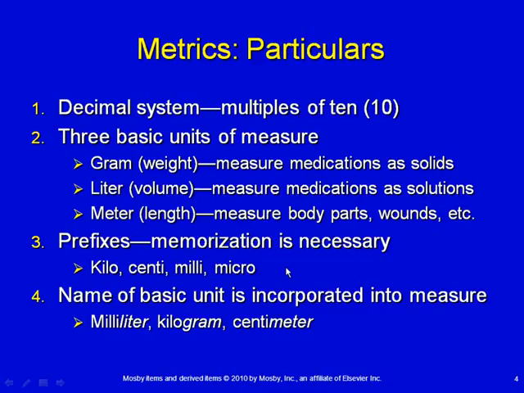In the past, a cubic centimeter was used as the same as a milliliter. That is no longer acceptable, and we use the milliliter only, not cc. We have a kilogram, that's our weight, and we have a conversion factor we associate with that with pounds that we will study in Chapter 9.